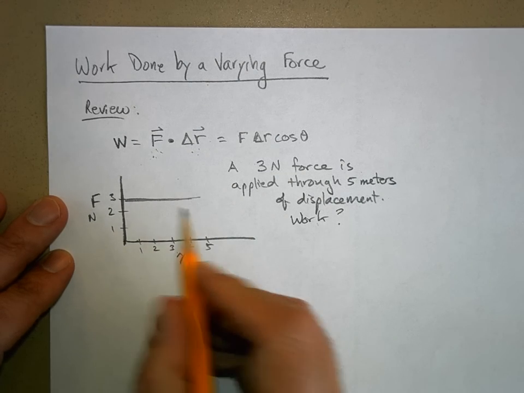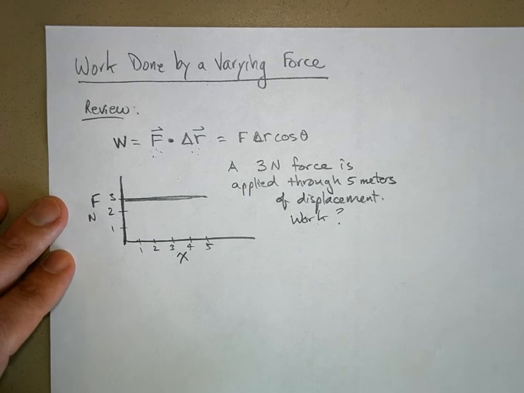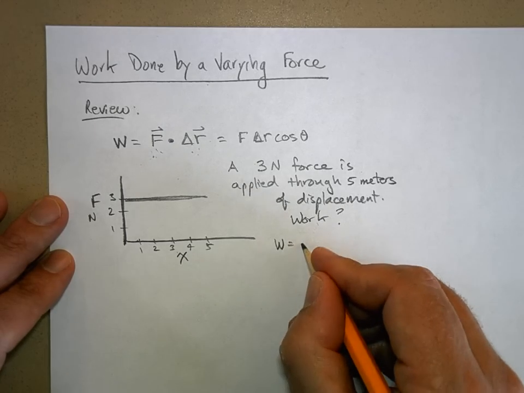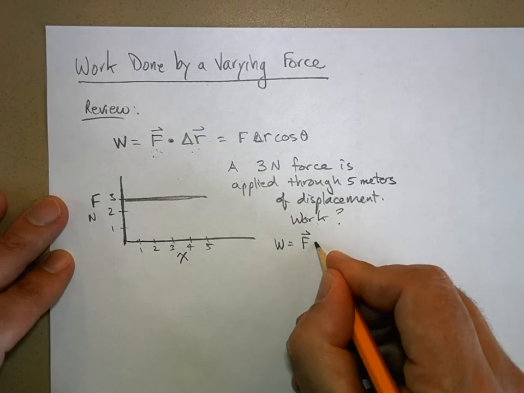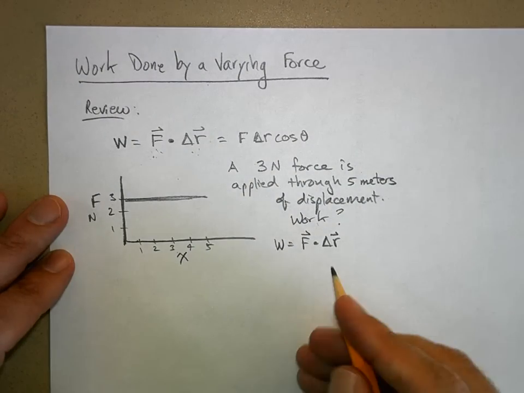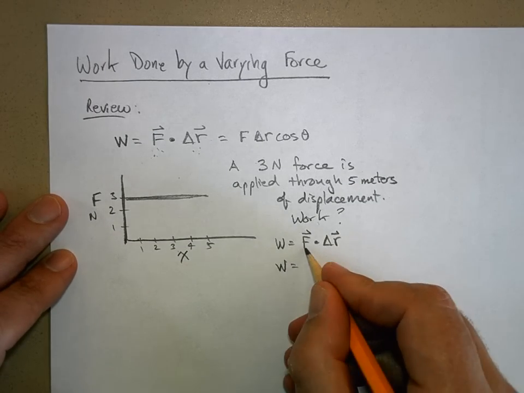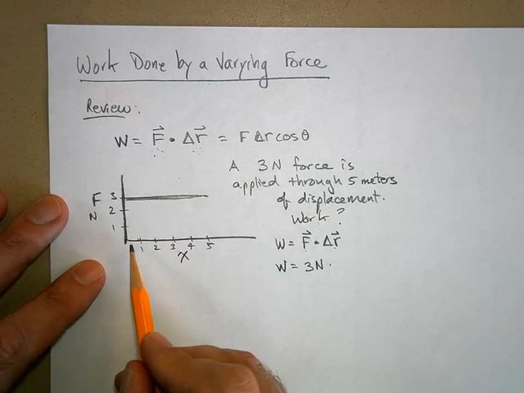So if I apply this 3 Newton force through 5 meters of displacement, I can say, well, okay, the work is equal to F dot delta R. Let's start with our most basic definition of work we have so far. This force is 3 newtons times, well, what's our delta R?